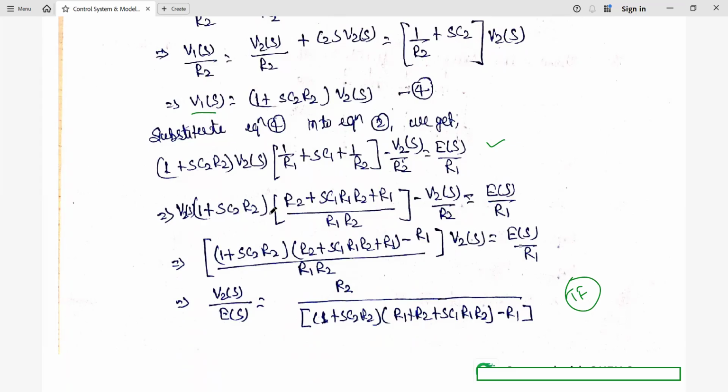So here V2 of S is taken common, then we have taken the LCM. On the basis of that, a small simplification is done. After taking out the LCM, R1 gets cancelled on the LHS and the RHS. That's why we have R2 only here. So output upon input is the transfer function.